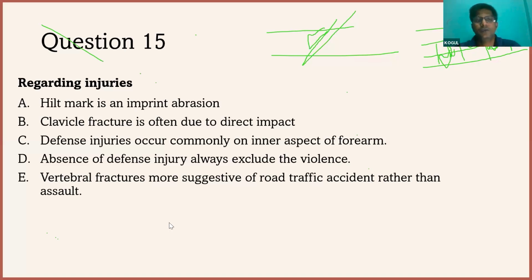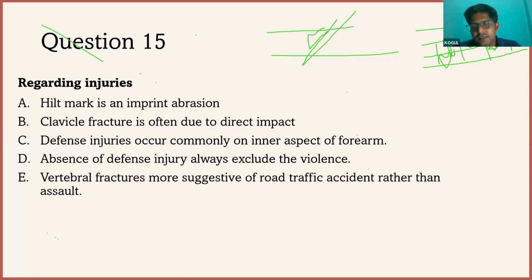The reason is that when you get a fracture in the vertebra, it indicates severe force. Simple assault with weapons, or simple cutting, or simple assault with a wooden pole doesn't cause that much severe force. So severe forces occur during road traffic accidents.